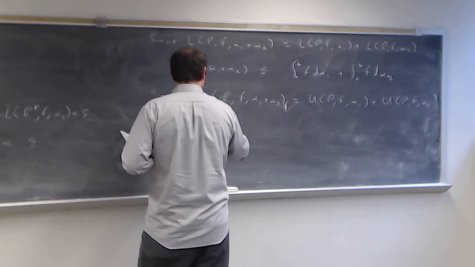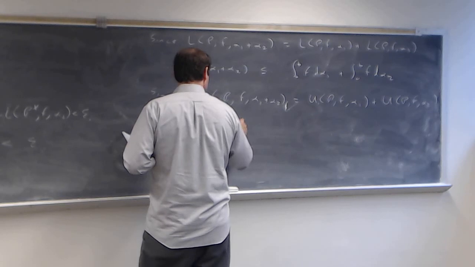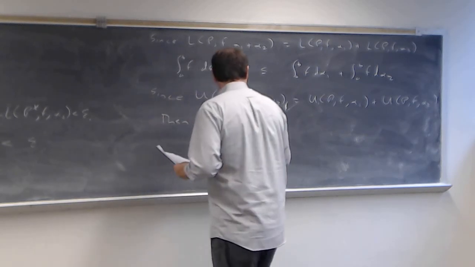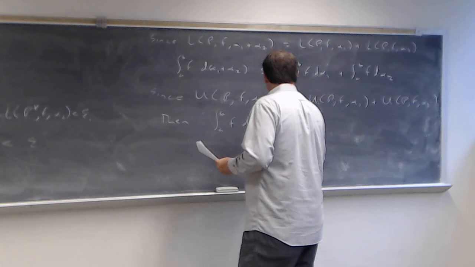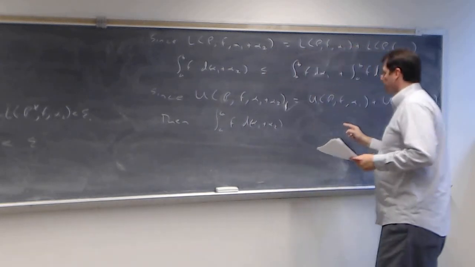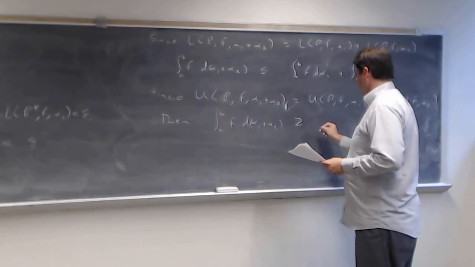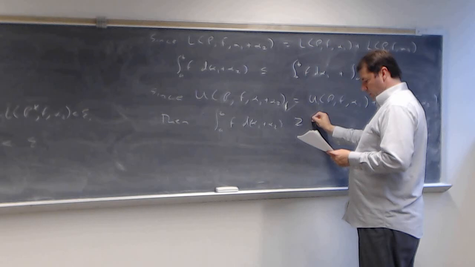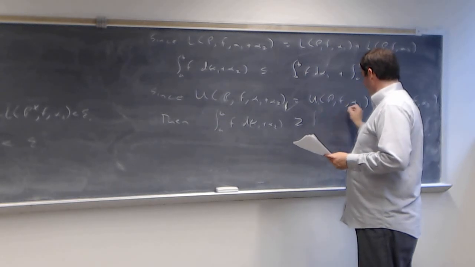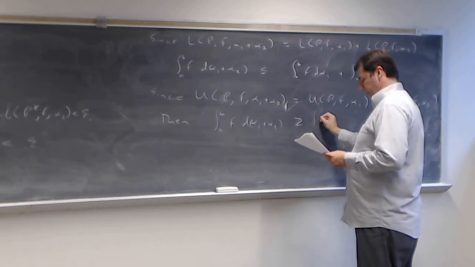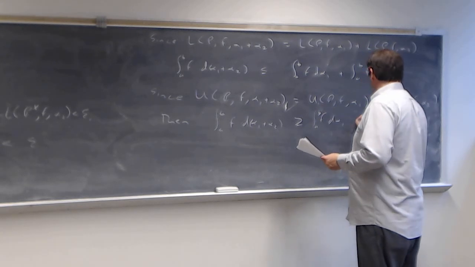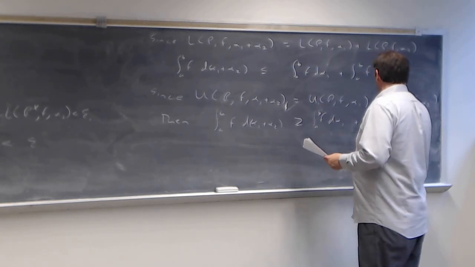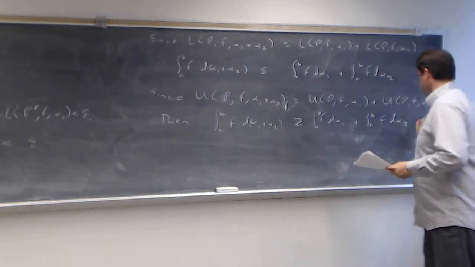So this integral from a to b of f d(alpha 1 plus alpha 2) is going to be greater than or equal to the inf of each one of these, which is going to be the integral from a to b of f d alpha 1 plus the integral from a to b of f d alpha 2.